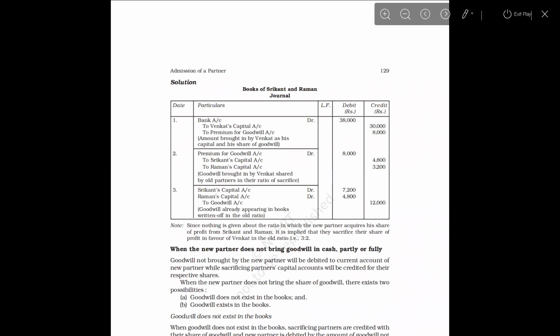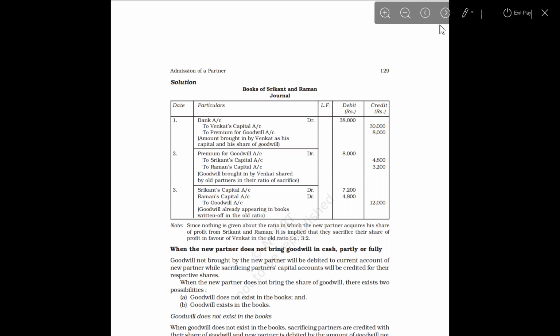The first entry: Bank account debit to Venkat's Capital and to premium for goodwill. Bank account debit 38,000, Venkat's Capital he brings 30,000. So premium for goodwill, how can you calculate it?